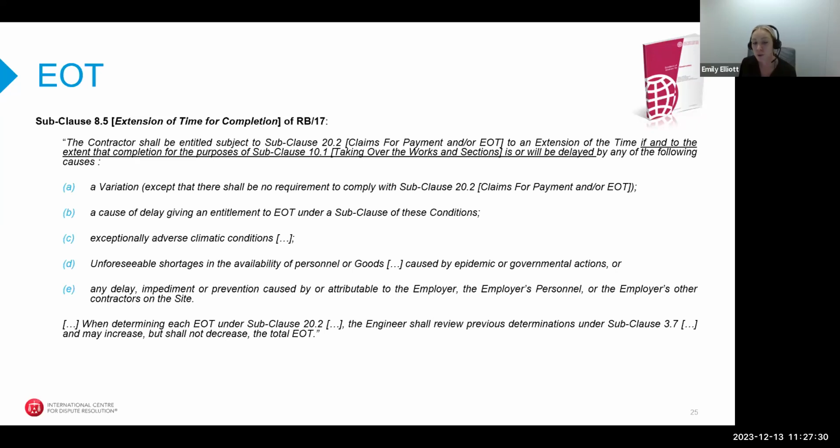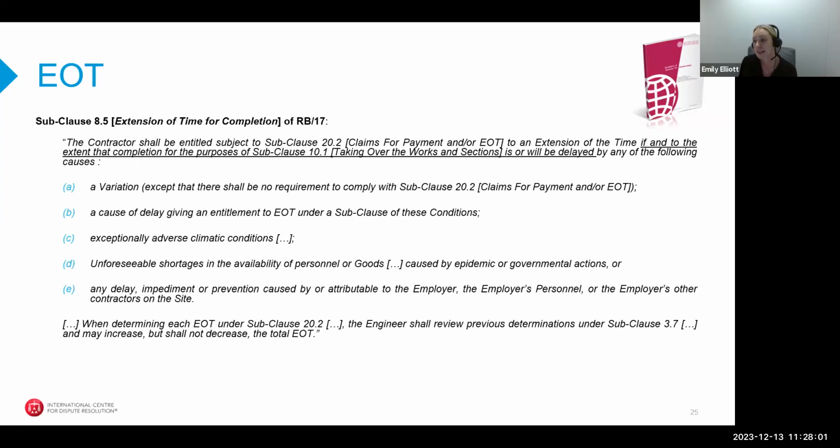So, for example, according to subclause 8.5 of the FIDIC Red Book, which we have here on screen, it sets out various events for which an EOT is claimable if completion is or will be delayed by any of those causes. Now, this has traditionally been understood to place the burden on a contractor to notify not only an event that has an immediate and measurable impact on the completion date, but also one which will, at some point in the future, have such an impact.